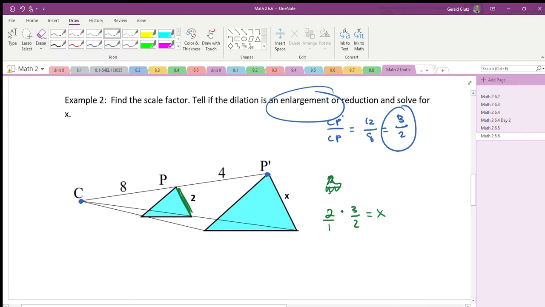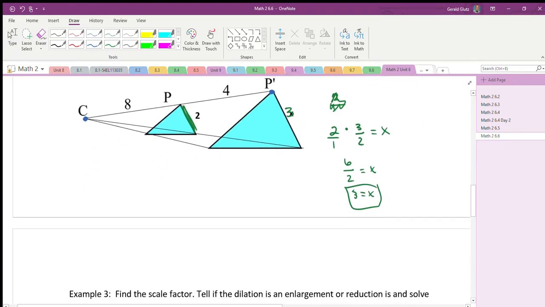If you want to multiply a fraction times a whole number, you can put the whole number over 1 and multiply across. 2 times 3 is 6, and 1 times 2 is 2. 6 divided by 2 is 3, so x is equal to 3. Moving on to the next page.